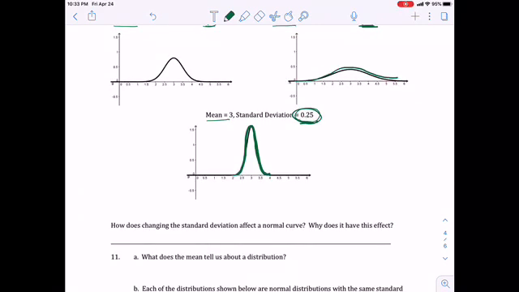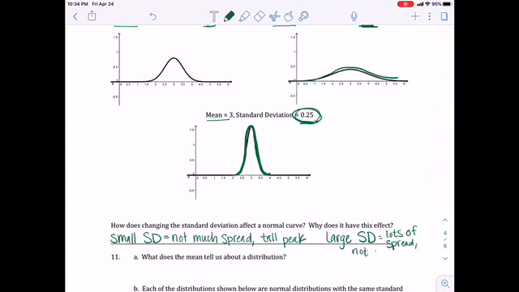So when we change the standard deviation, notice that it tells us how spread out the data is, so I'm going to put down that small standard deviation equals not much spread and a tall peak in middle, as opposed to a large standard deviation, which gives us lots of spread and not as tall of a peak.